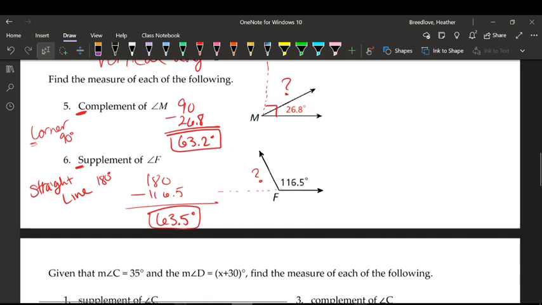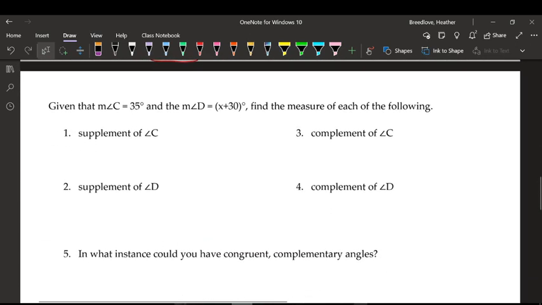All right. I'm going to do some more of that. I'm going to go ahead and skip the first two because it's the exact same question as the last two that I went through, and I would rather you have more time to work on your assignment. But these next two, 2 and 4, if I want the supplement, remember supplement, straight angle, 180 degrees, of angle D. Oh, and look at angle D. That doesn't look very nice, does it?